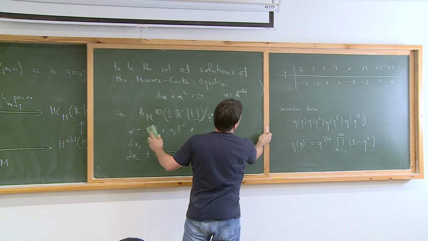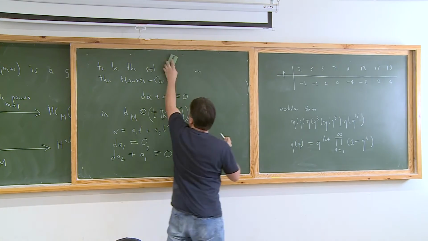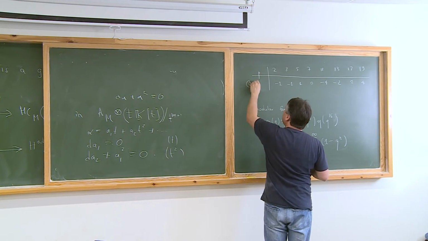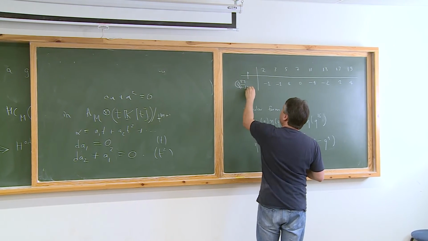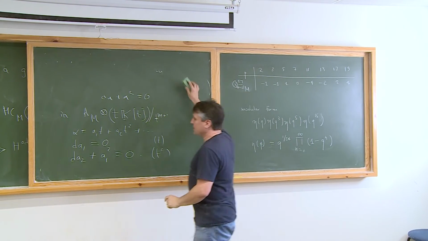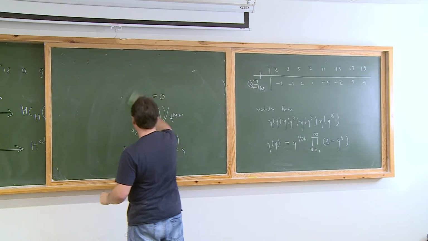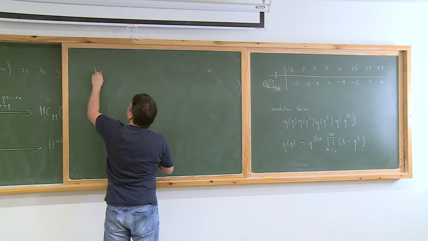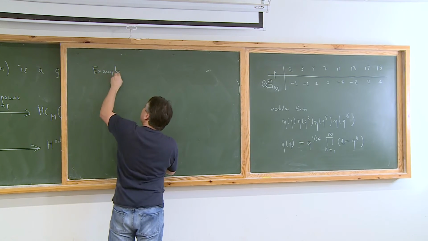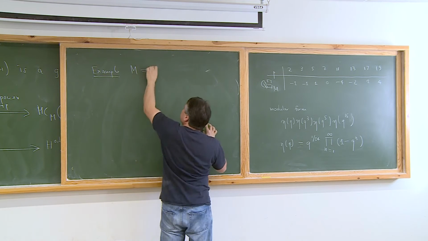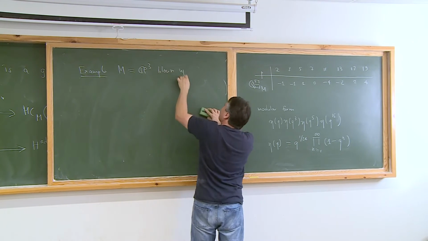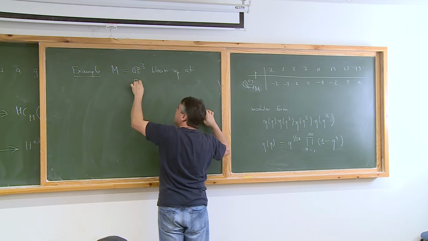Okay, so in this example, this is Q psi m, an operation on odd-dimensional cohomology. My example is not a bad one: M equals CP3 blown up along an elliptic curve.